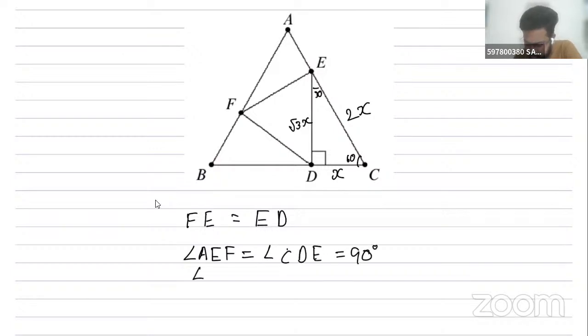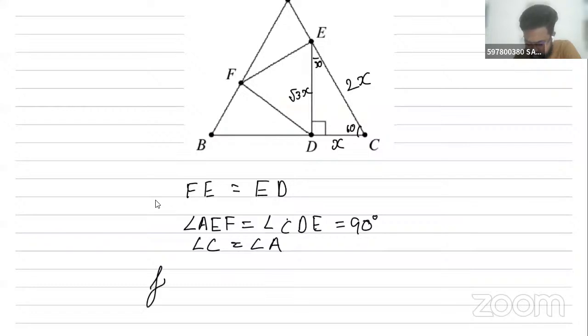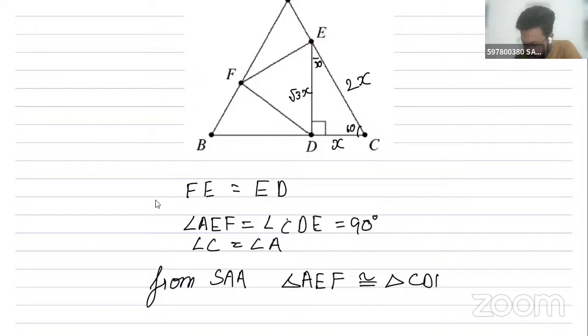And also we have angle C is equal to angle A. So from this we can easily say that these two triangles are congruent because we have angle, angle and one side. So SAA congruency, we have triangle AEF congruent to triangle CDE.